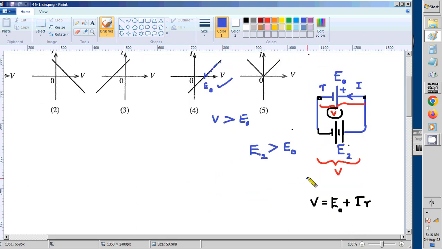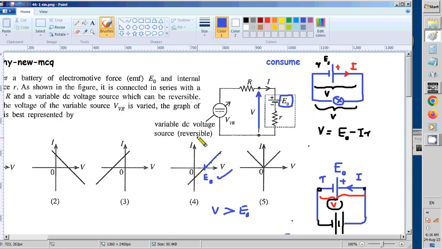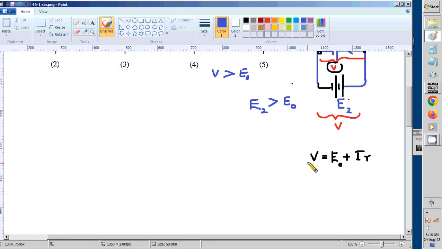If the voltage is smaller, the external voltage is the voltage of the power supply or source, this is the source. If the source voltage is smaller than E naught, we don't get any current.